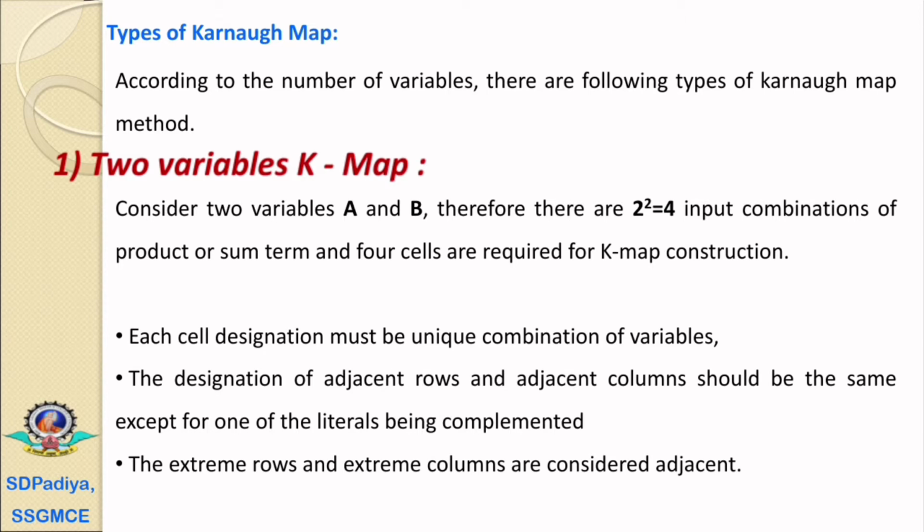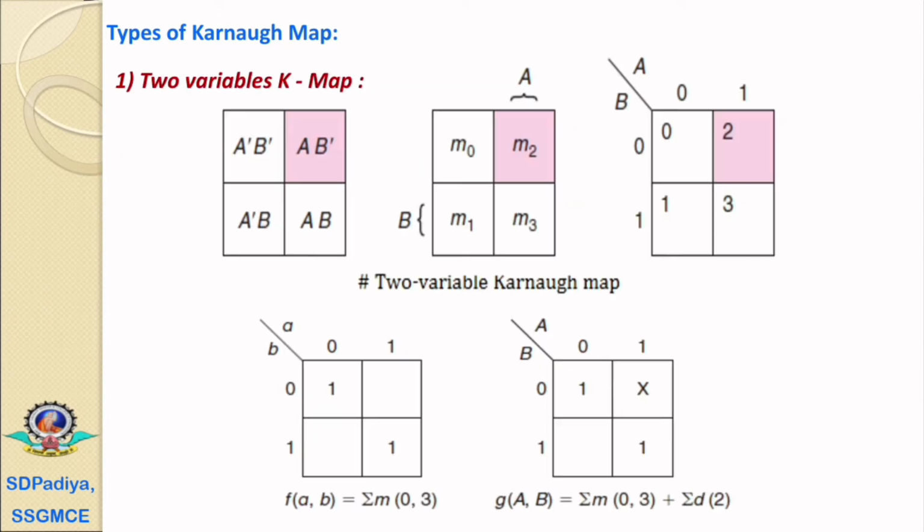Now by keeping these 3 rules in mind, we can construct the K-map like this. It is for 2 variables. In these 2 variables, the first cell, its designation is a dash b dash. Then the adjacent cells to this a dash b dash may have the change of only one variable.